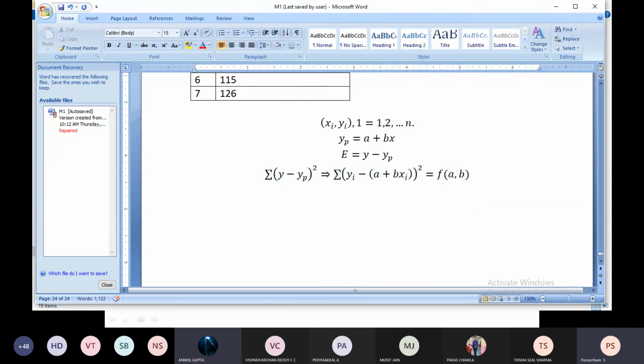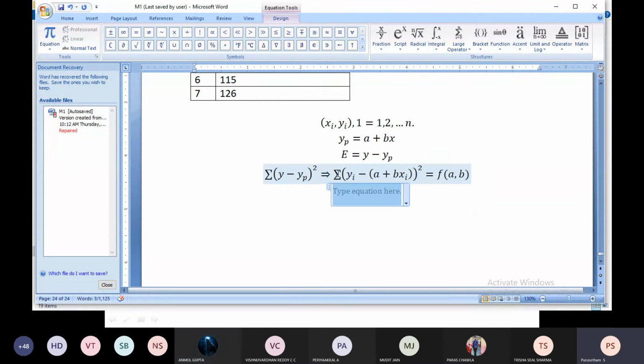Differentiating partially with respect to a, we get the first order partial derivative: dou f by dou a equals 2 times (yi minus (a plus bxi)) into minus 1, and equating this to 0. What is the expression we got?